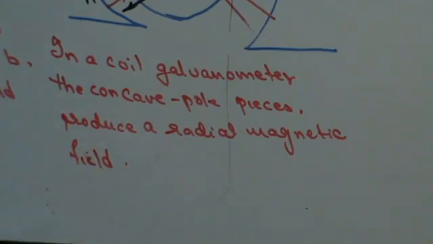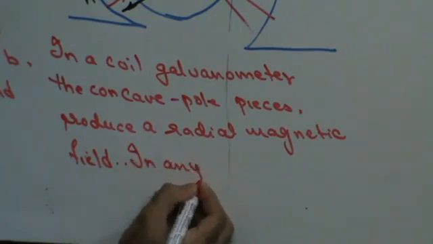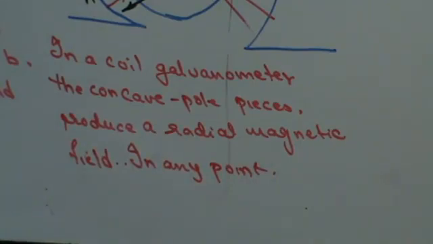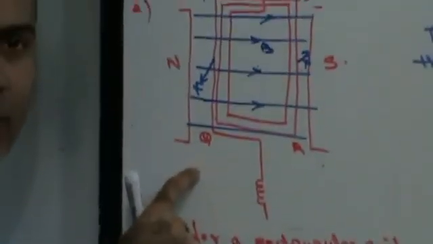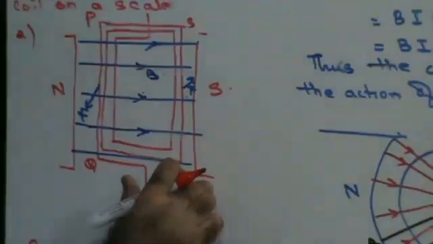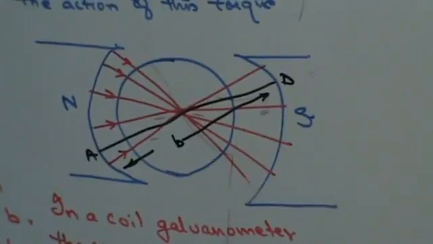Now if they are producing a radial magnetic field, the radial magnetic field is always going to be parallel to the plane of the coil. Guys, can we just compare that with this? In the case of a rectangular field, only when the plane was only in this particular direction would the plane of the coil and the magnetic field be parallel. But in the case of a radial magnetic field, it would be parallel in all directions.